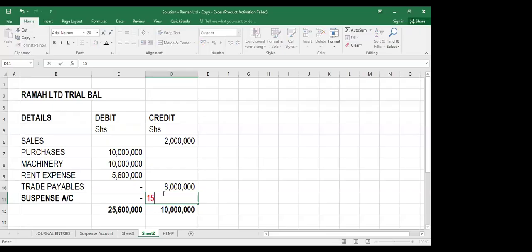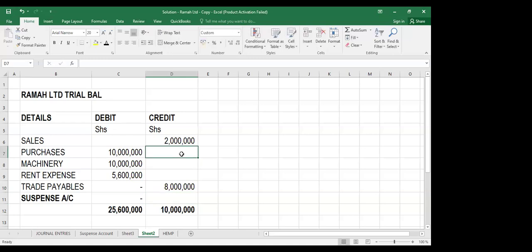So we put that balancing figure on whichever side. It may lie on your debit, it may lie on your credit. In this particular scenario, it's lying on your credit. What do I mean that it may lie on your debit or credit? Let me just delete this.